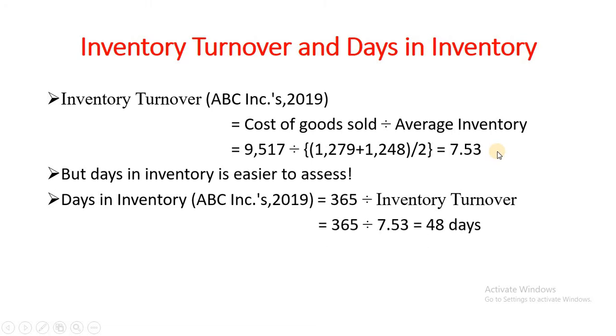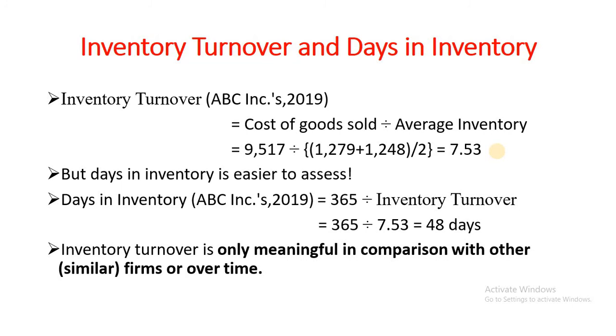So based on this result, days in inventory of ABC Incorporation is 48 days. It means ABC Incorporation takes 48 days to sell its inventory and restock. However, inventory turnover ratio is only meaningful if it is compared with other similar firms or if the ratio is compared over time.